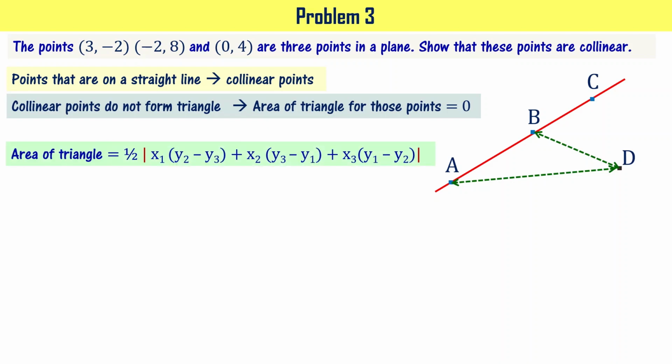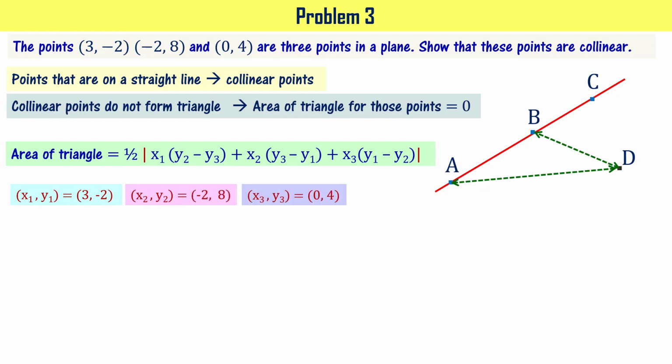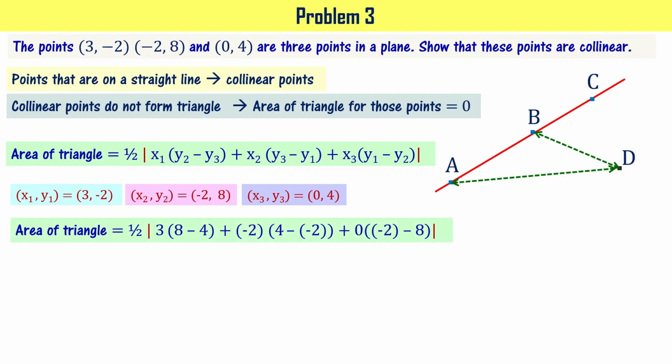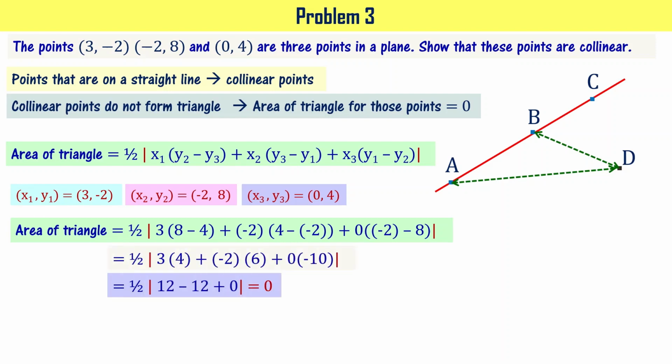Now let's use area of triangle formula given here. I'm saying x1 comma y1 equal to 3 comma minus 2, x2 comma y2 is minus 2 comma 8, and x3 comma y3 is 0 comma 4, and substitute them into the formula given for area of triangle. And when you simplify it, you get answer as 0.